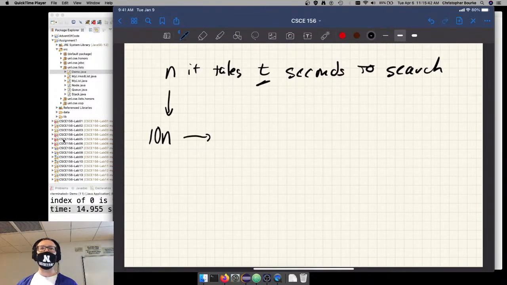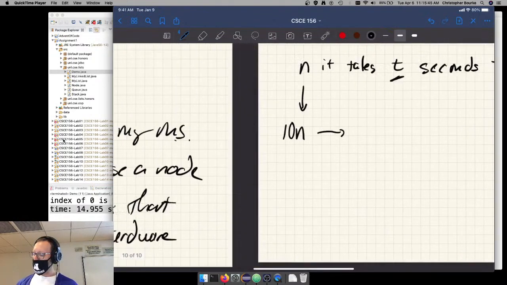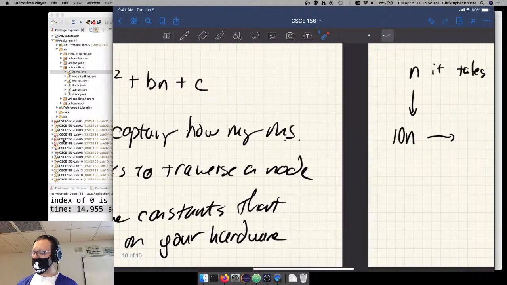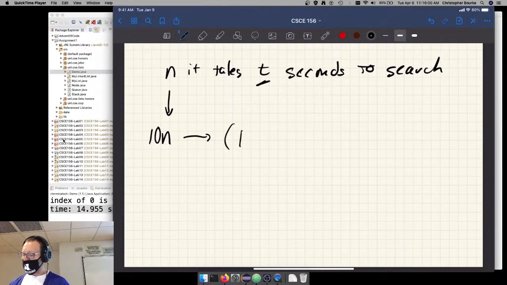Well, remember that this is quantifiable by a quadratic function here. Let's ignore those constants. Let's ignore the lower order term here as well, n. Let's just focus on this n squared right here, okay? So, if it took t seconds before, and it's quantified by a quadratic, how many seconds does it take now? 100 n squared.